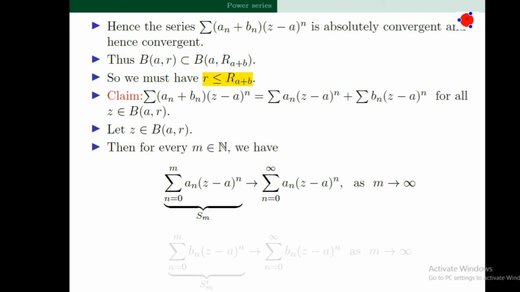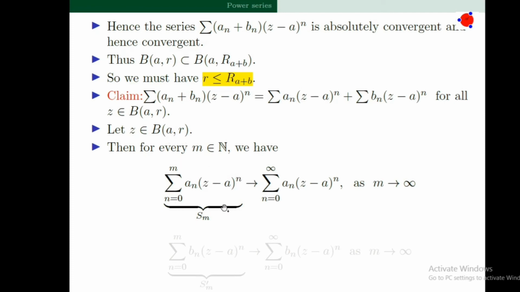Here note that Ra is the radius of convergence of the power series sigma an (z minus a) the whole raised to n, and small r is less than or equal to Ra. Therefore the power series is convergent for every z within the disk.